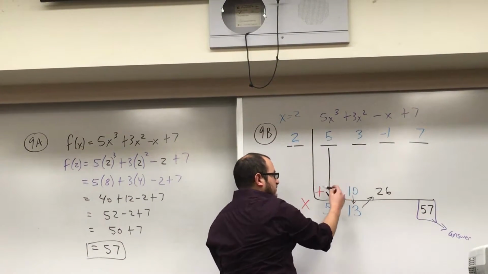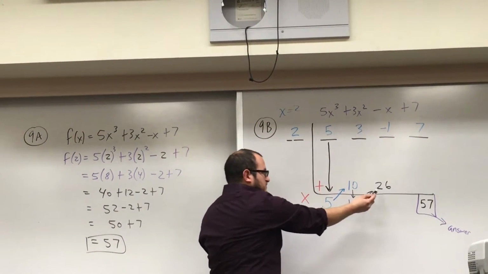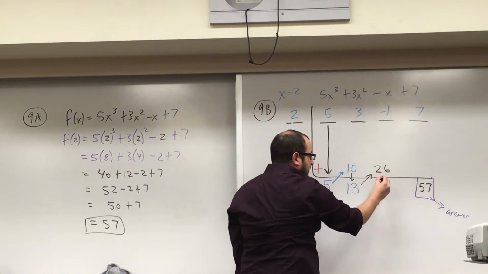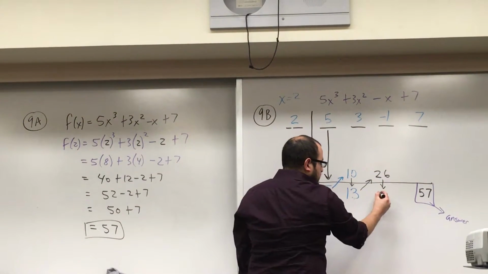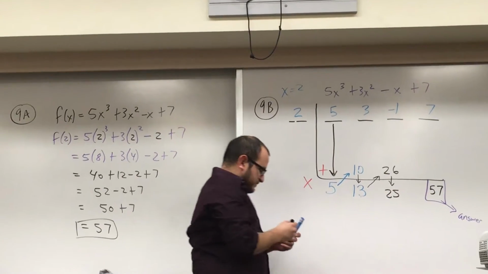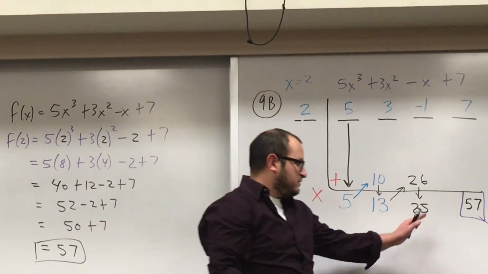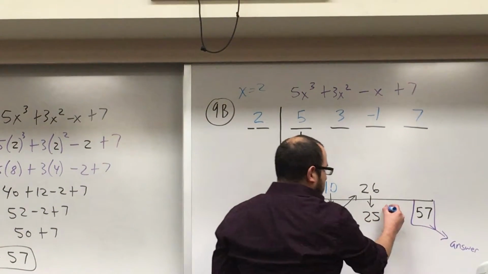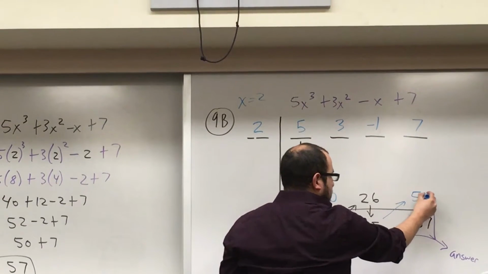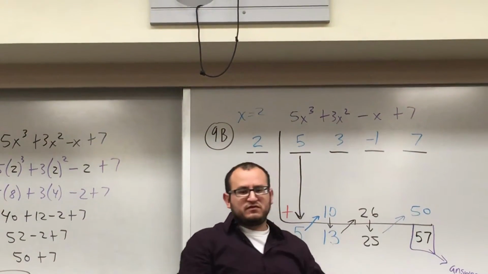Again, we added 3 plus 10 gives me 13. 13 times 2 gives me 26. Whatever I add, the result's going to go down here. 26 plus -1 is 25. And now you use 25 times our original number, which is 2, gives me 50. And again, 50 plus 7 gives me 57.